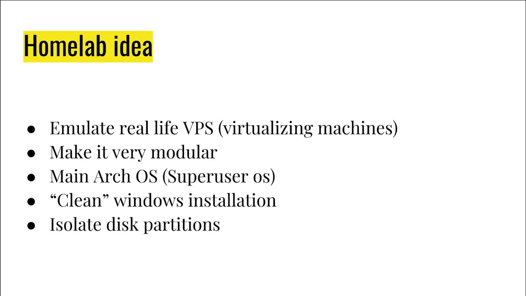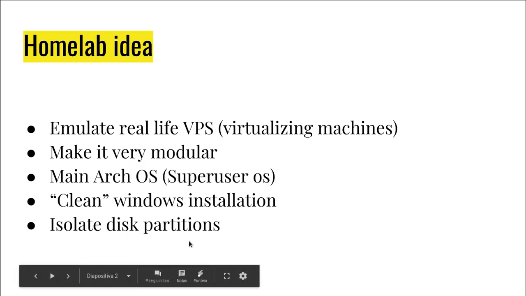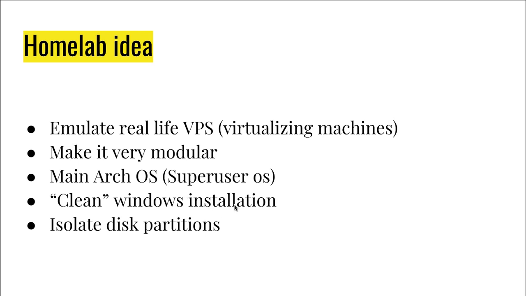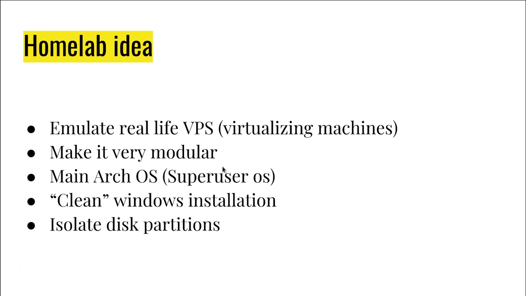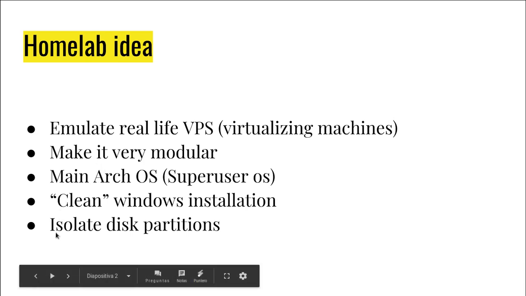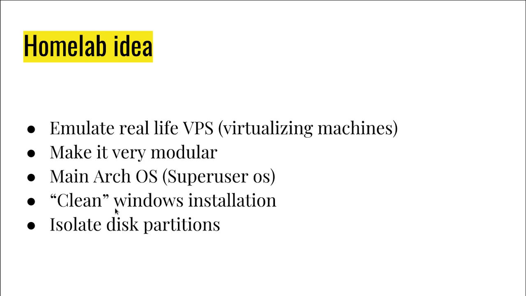And I want to isolate disk partitions, mainly because I don't want Windows screwing up everything. I want to have Windows separately, and my Arch installation and the files and the VMs separate between them also.